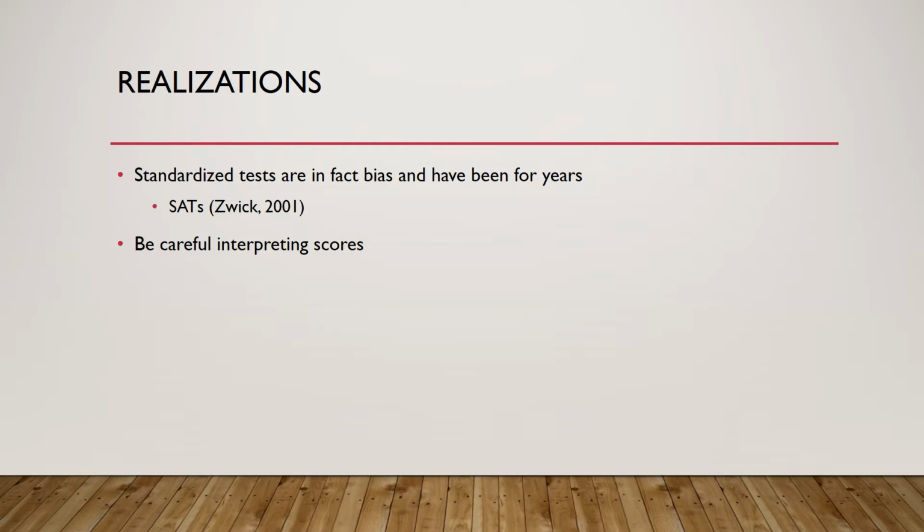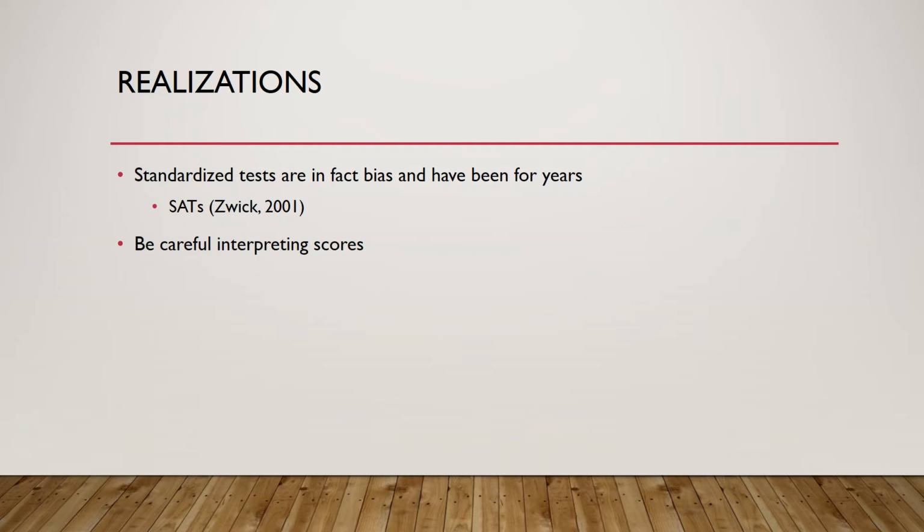One of the articles that I recall that jumped out to me was from Zwick, who talked about SAT scores, and there was a statistic in terms of the percentage of students with at least an 1100 on their SAT with the math and verbal combined, and it said that 28% of Asian Americans achieved an 1100, 25% of white students achieved an 1100, 8% of Hispanic, and 3% of the African American students that took the test achieved that score. And that's a huge jump from 28 to 3%, and so something is going on there.